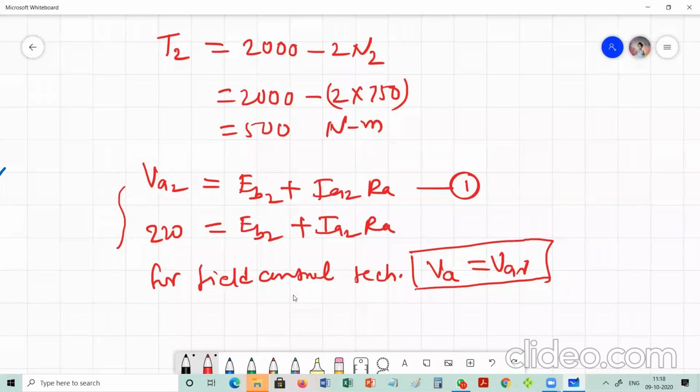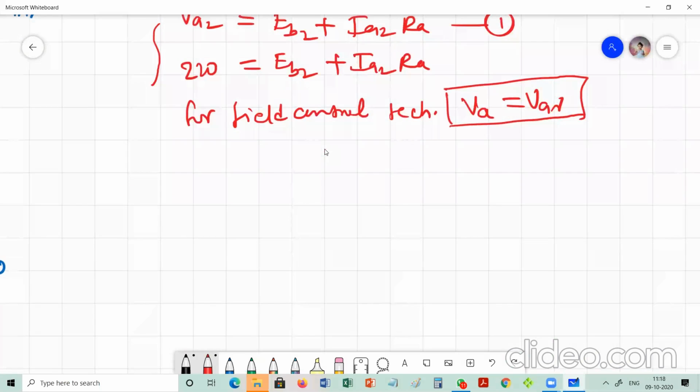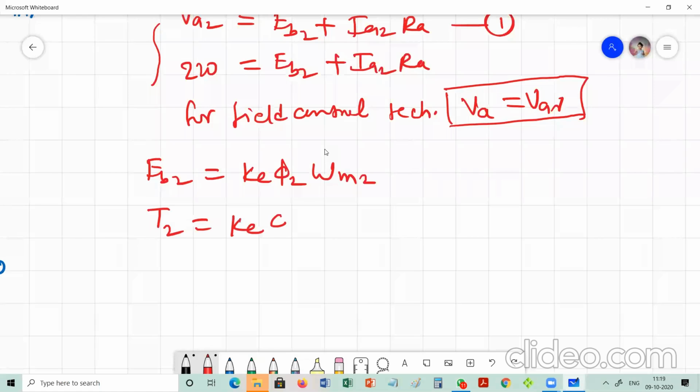So instead of EB2 we can rewrite it. Since EB2 is equal to KE phi 2 omega m2, we can write it like this. Again we know that T2 is equal to KE phi 2 IA2, therefore KE phi 2 is equal to T2 by IA2.